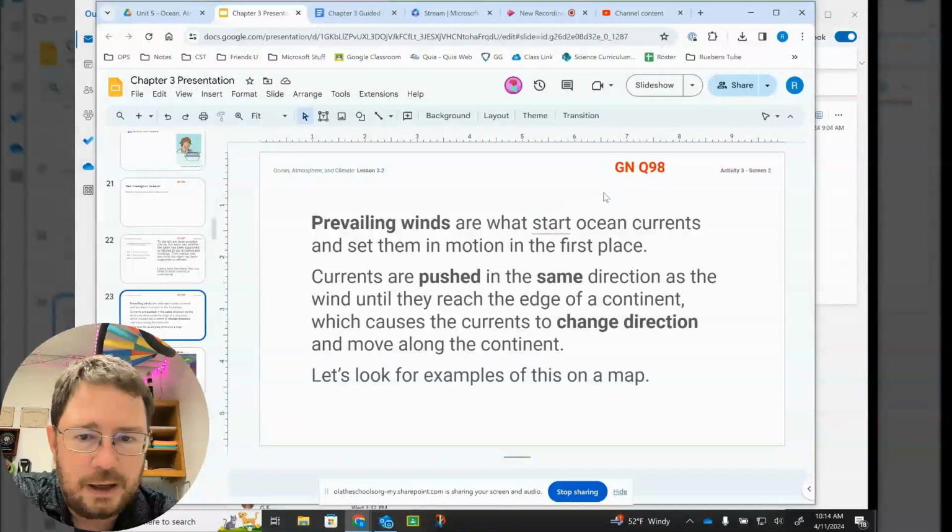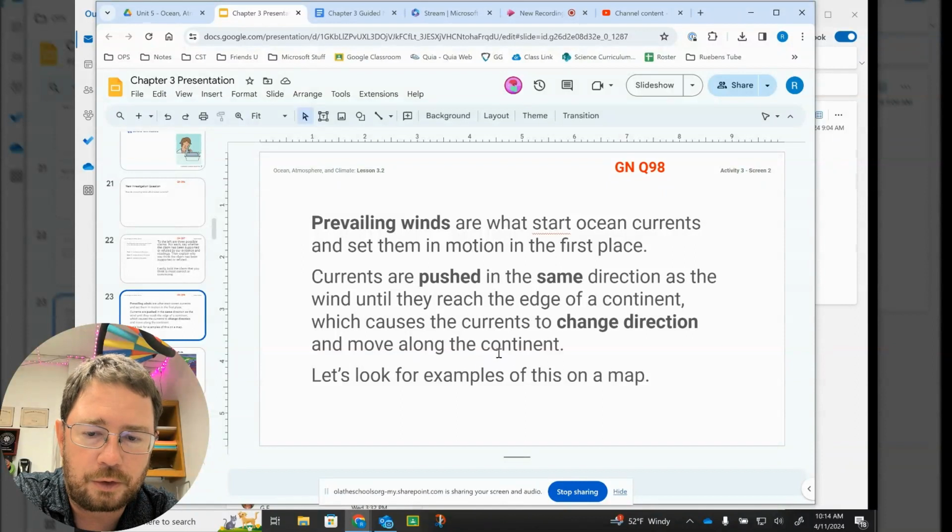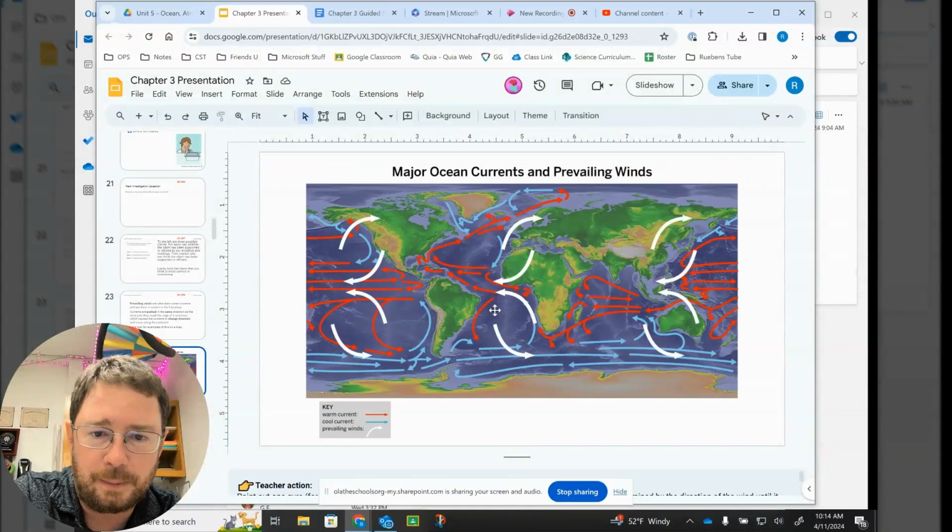Question 98. Prevailing winds are what start ocean currents and set them in motion in the first place. Currents are pushed in the same direction as the wind until they reach the edge of a continent, which causes the currents to change direction and move along the continent. Let's look at some examples of this on the map.